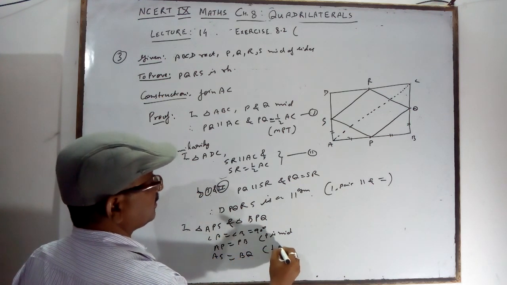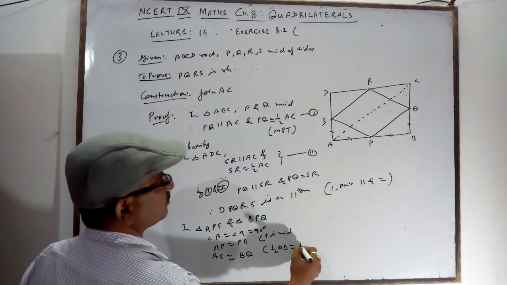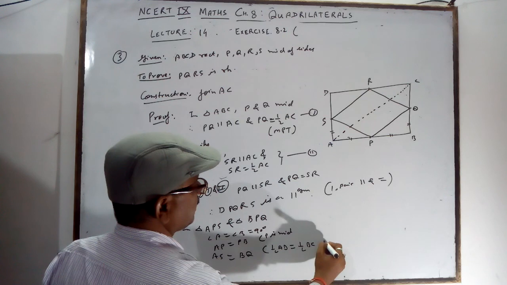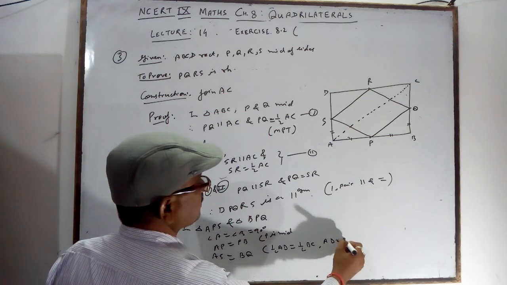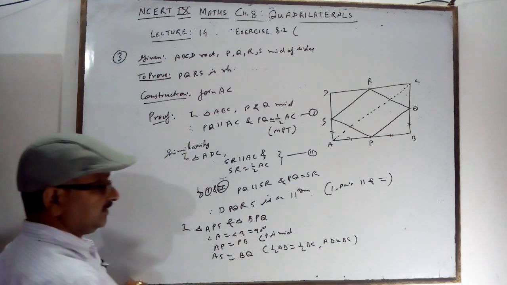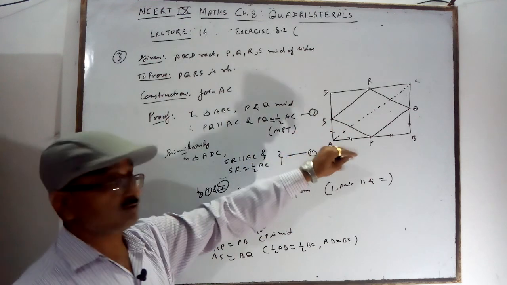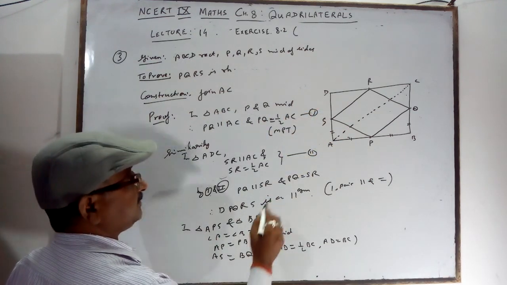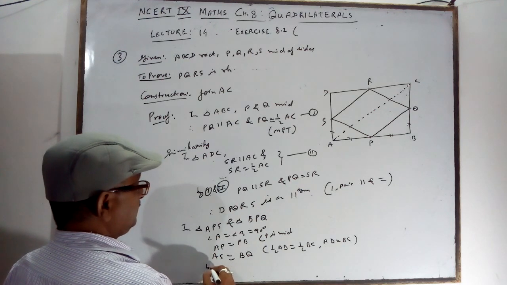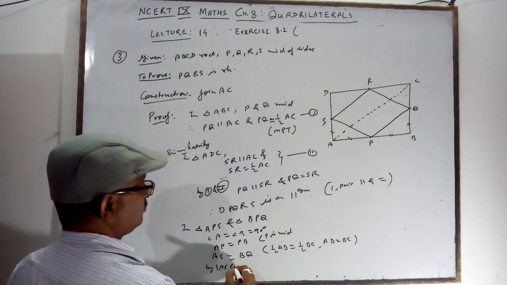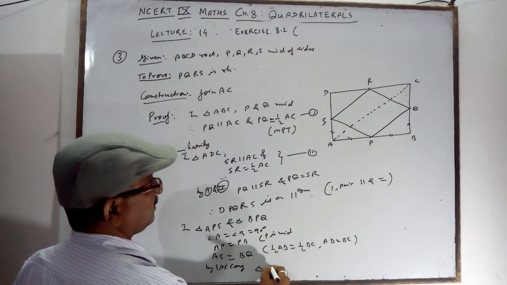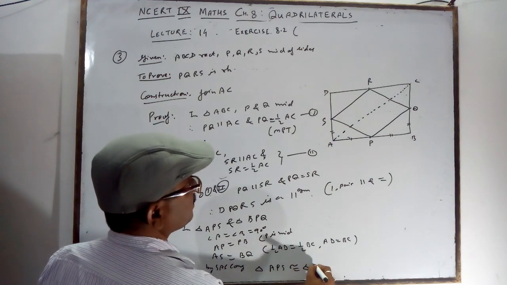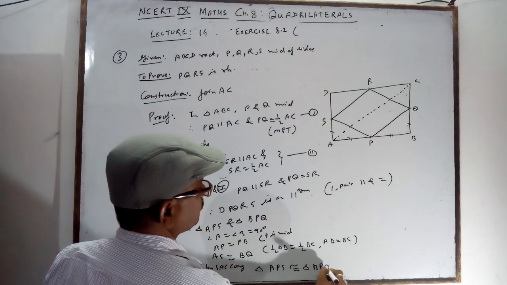Half of AD is equal to half of BC, since AD is equal to BC. S and Q are also midpoints, so the halves will be equal. So by SAS congruency, triangle APS is congruent to triangle BPQ.